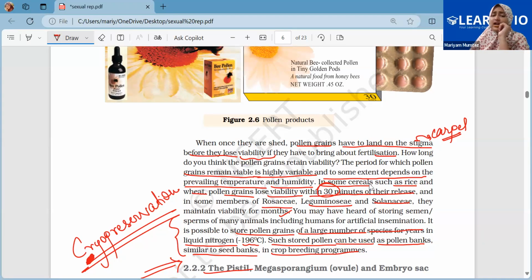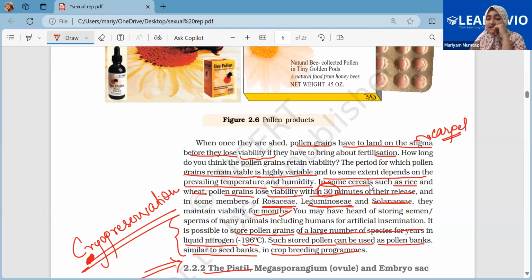But in some members of the families Rosaceae, Leguminosae, and Solanaceae, pollen grains are viable for months. Just like seed banks, pollen grains can also be stored for future use.